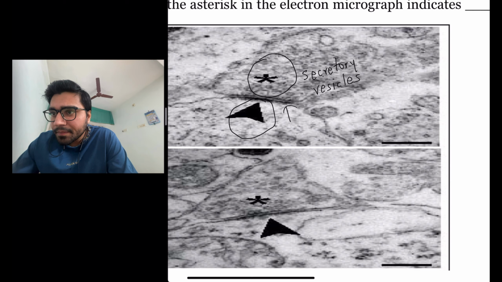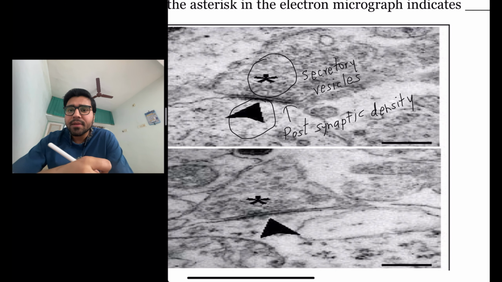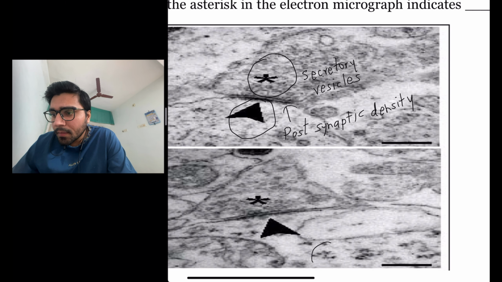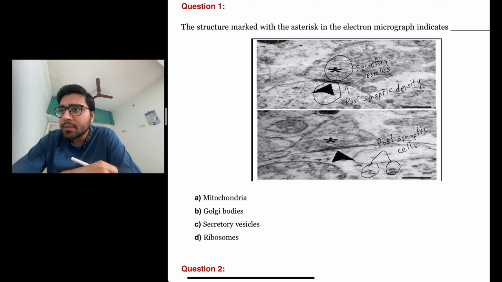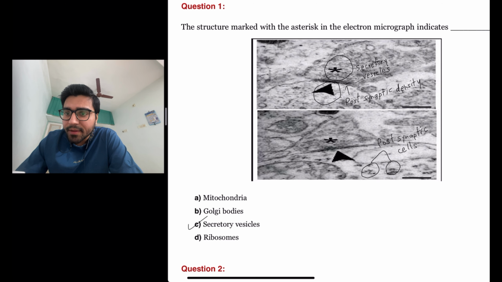This arrowhead is showing postsynaptic density, and these are all the postsynaptic cells. So according to this labeling, the asterisk is showing the secretory vesicles. So the answer is C.